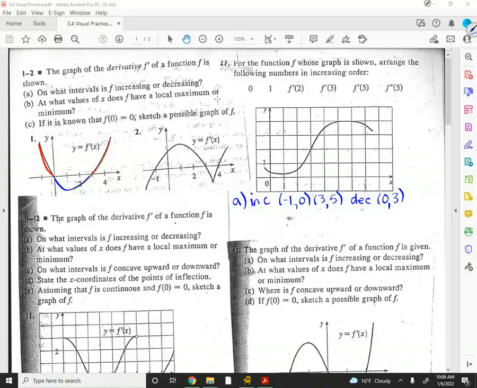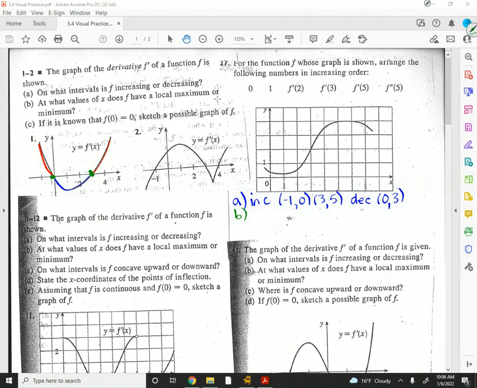Okay, B wants to know where there are relative maxes and mins. Okay, this also was from the first derivative test. We looked at our chart, and when it went from increasing to decreasing, it was a max. And when it went from decreasing to increasing, it was a min. And how we can think about that with our picture, when the derivative is 0, that indicates we could have extrema.